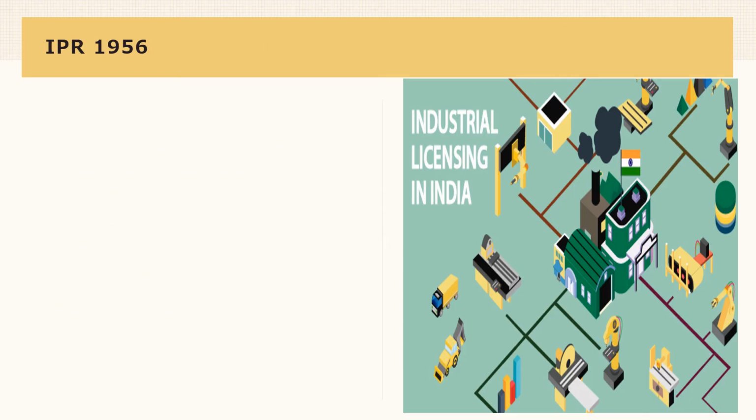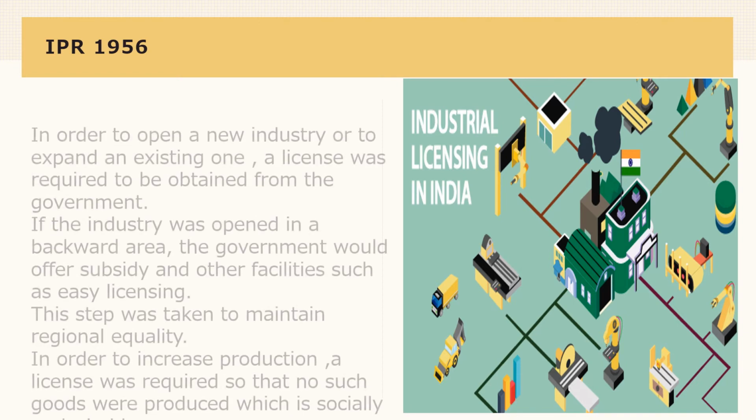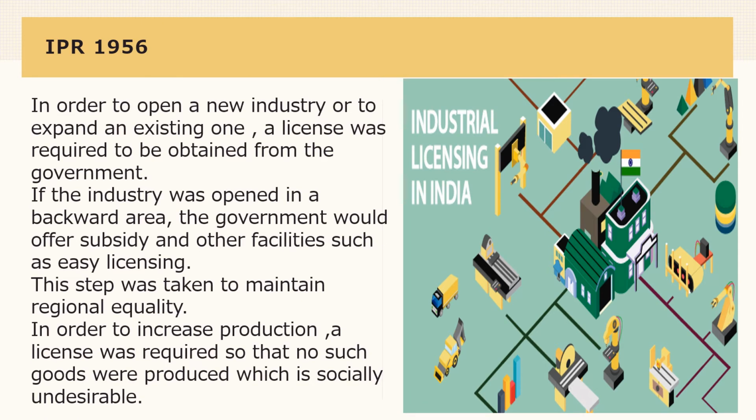Now let us try to understand what came about as a result of the Industrial Policy Resolution of 1956. In order to open a new industry or to expand an existing one, a license was required to be obtained from the government.